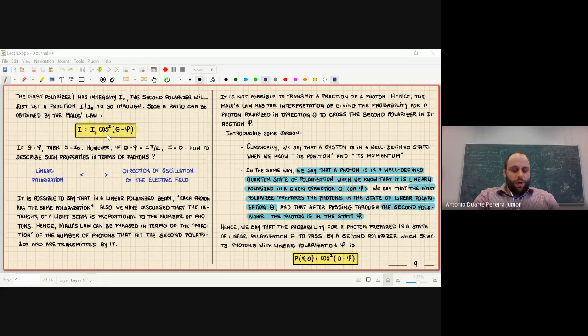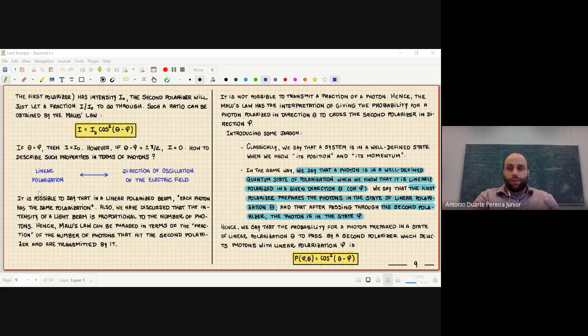We know how to relate the intensity of the outgoing light from the second polarizer with the outgoing light from the first polarizer. The intensities are I and I naught, respectively, and they are related by this equation here.